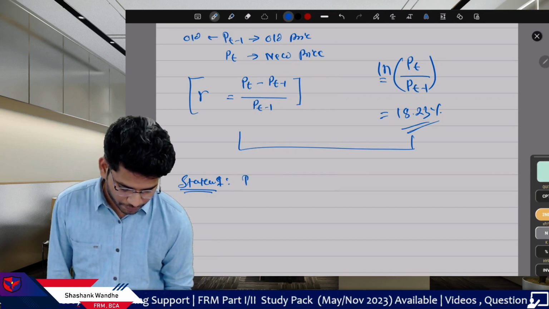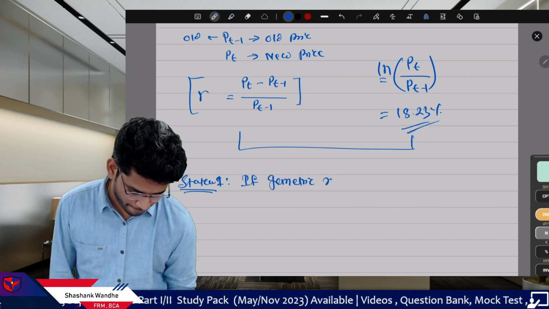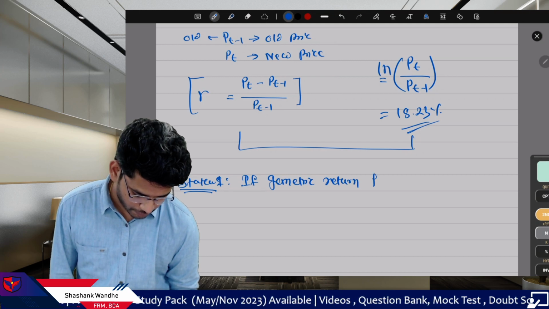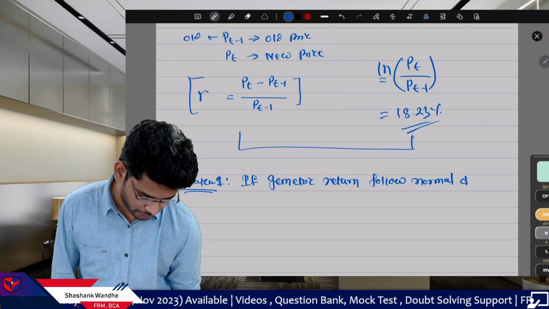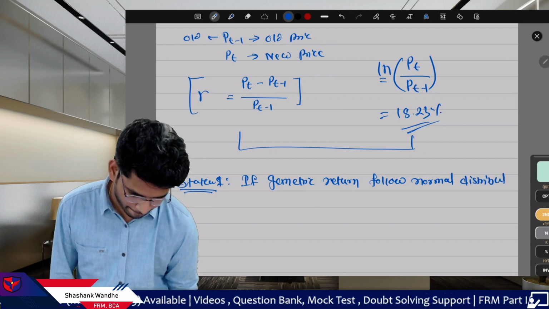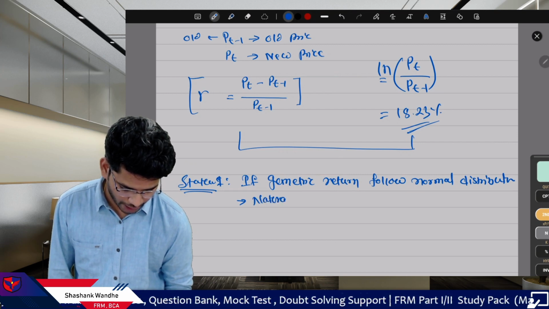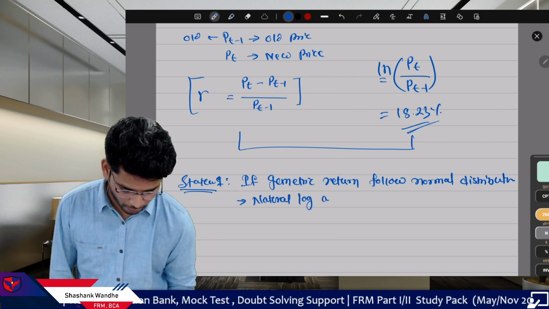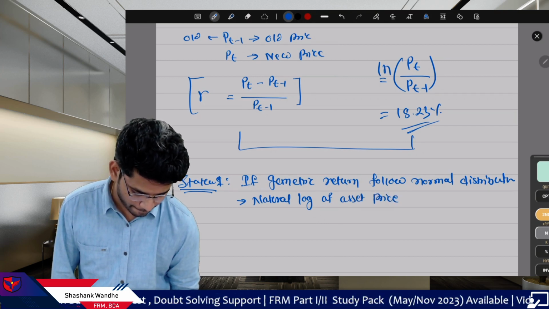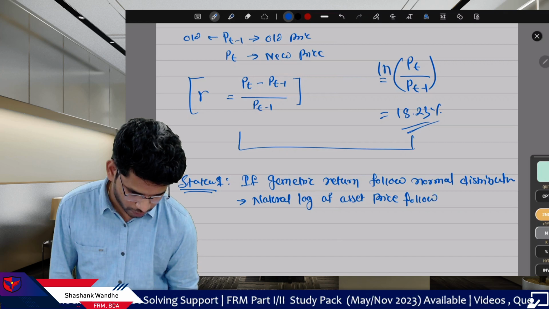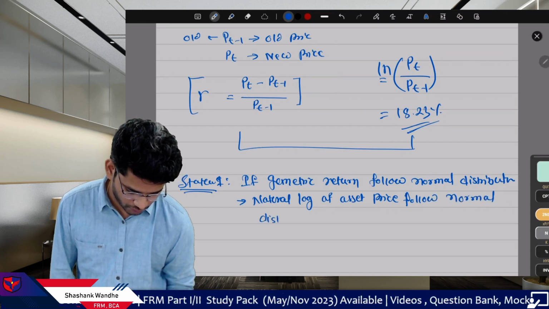So you have to remember, if geometric return follow normal distribution, then natural log of asset price follow normal distribution.